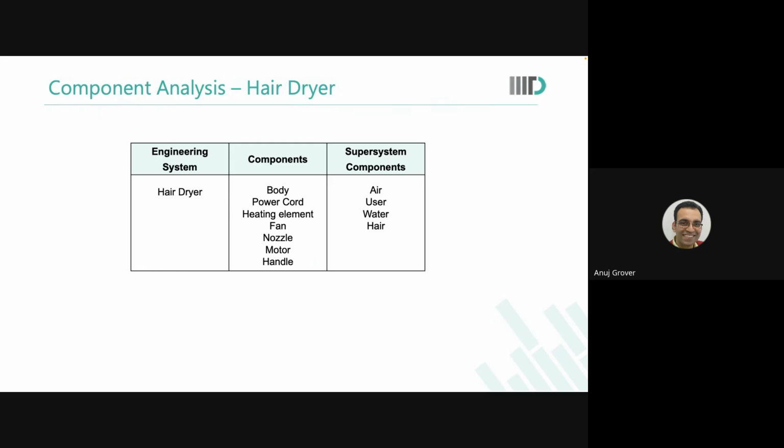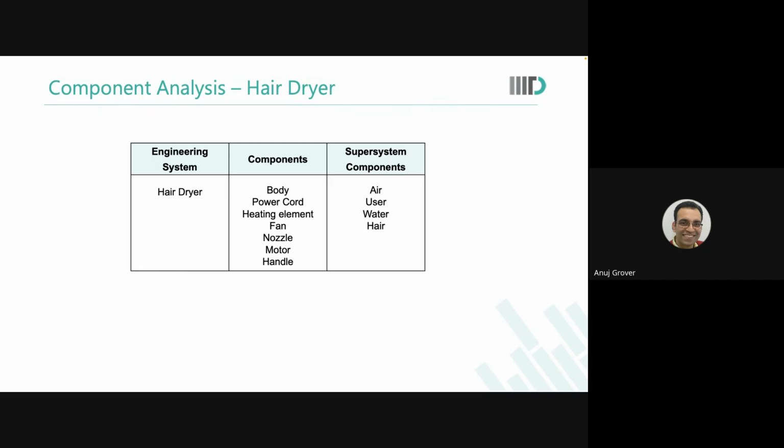Why does the user use a hair dryer? To remove water from their hair. So this nuance is extremely important. Because till the time you say that the hot air is the target, you will never be able to come out with a latent PV and a solution which is out of the box.